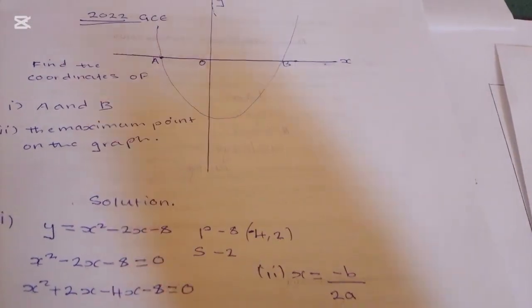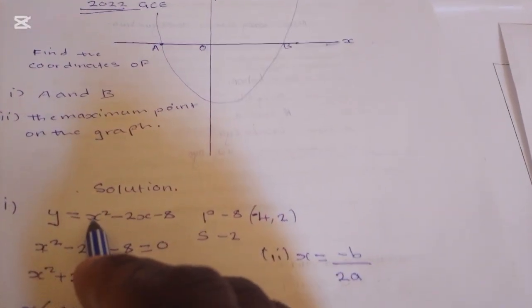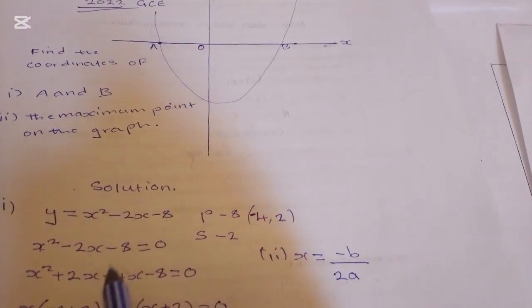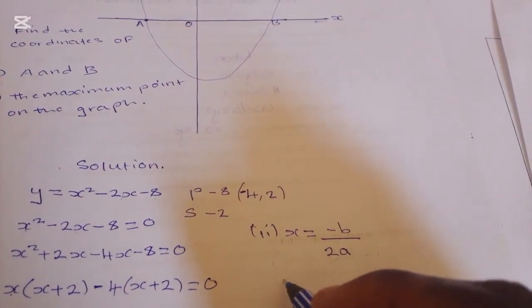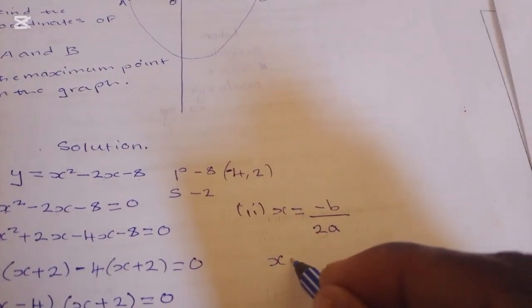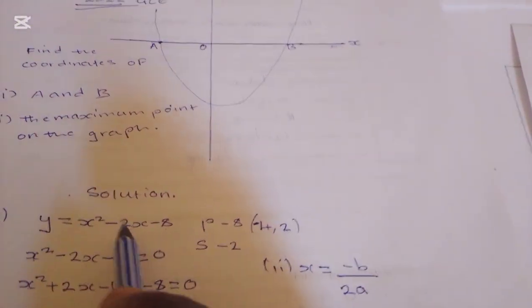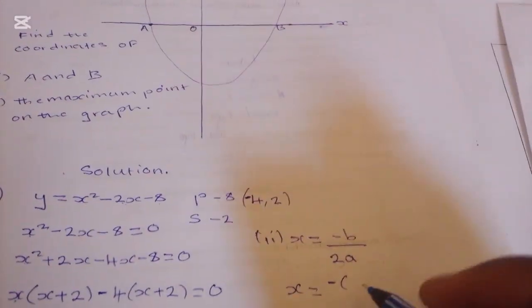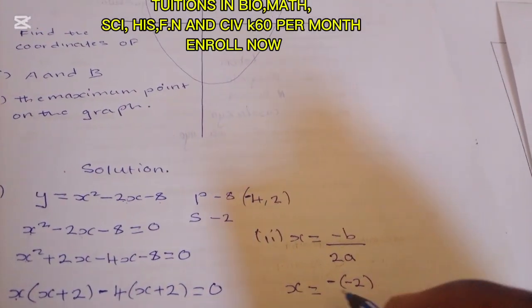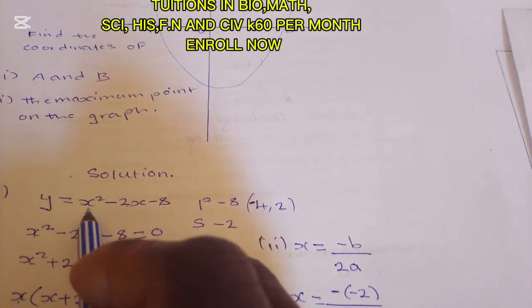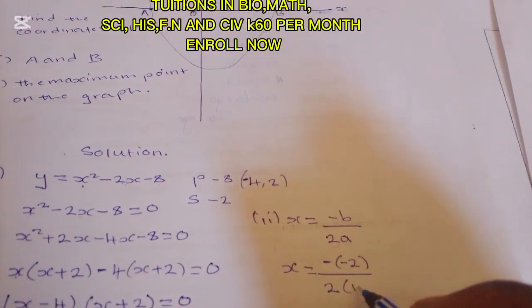When we check here, this is a, b, c. So we say x is equal to negative, what is our b? Our b here is negative 2. Then we say negative 2 over 2 times a. What is our a? Our a is 1. Then we say open bracket 1.